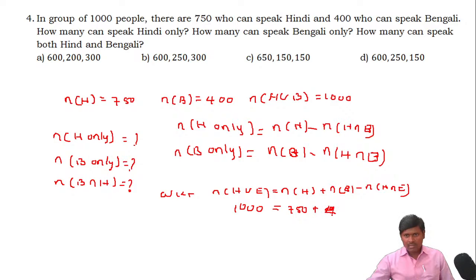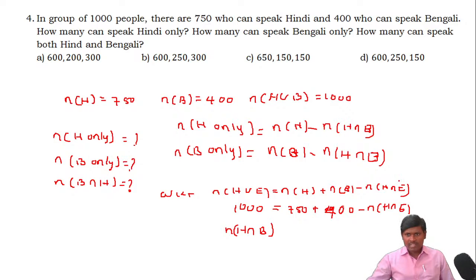N of B is nothing but 400 minus n of H intersection E. So we need n of H intersection B, Bengali, not E again.